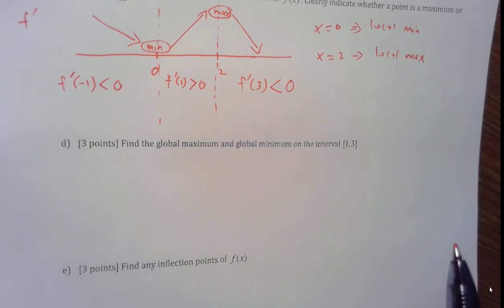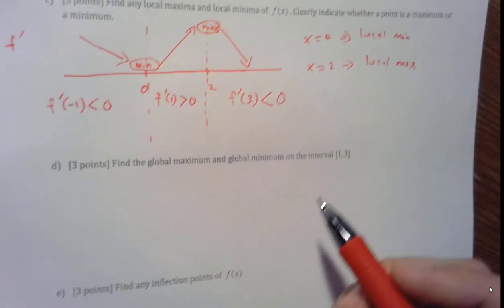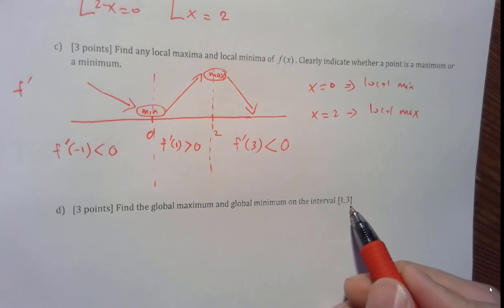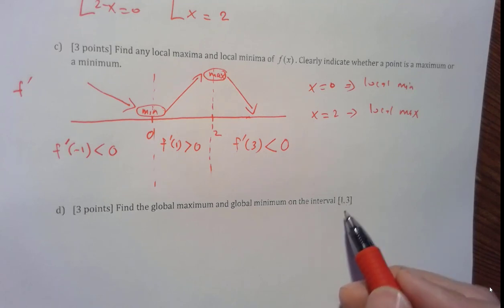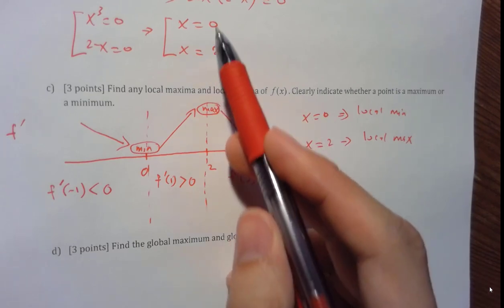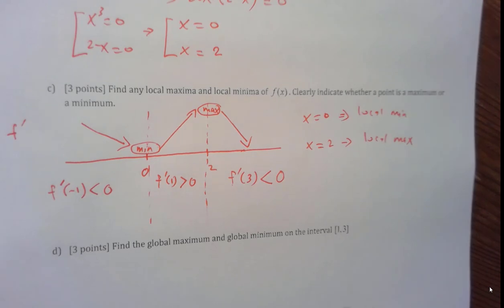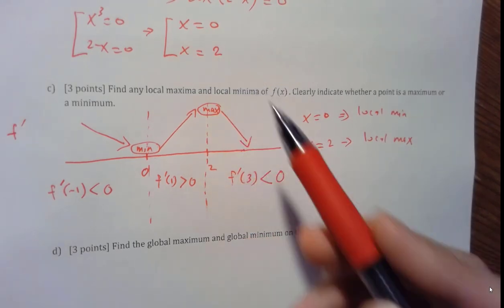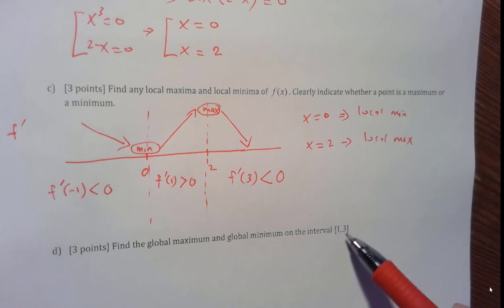Okay, so let's do that now. Between the interval 1 and 3, from the last part we got the critical points 0 and 2. Only 2 falls in this interval.